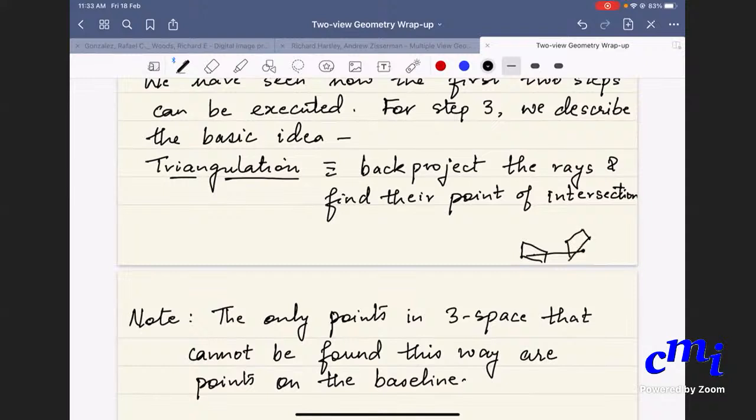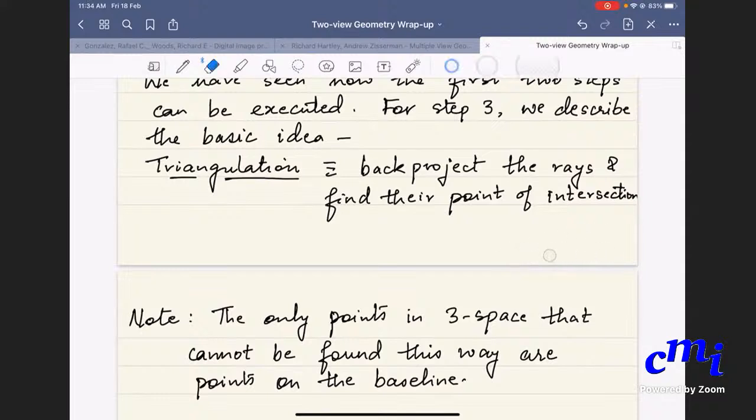Let me just draw it this way, C prime, and here you have C. This line that joins the two camera centers is the baseline. The baseline intersects the two images in the two epipoles, if you remember.